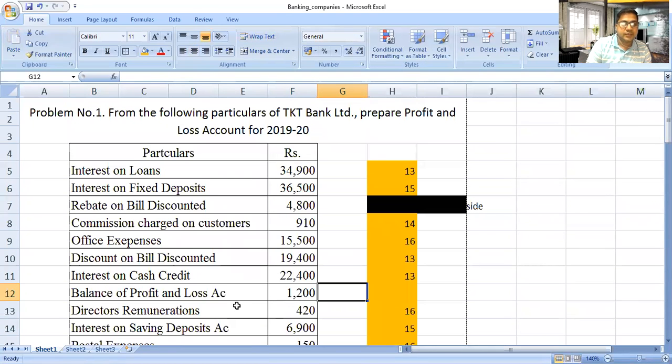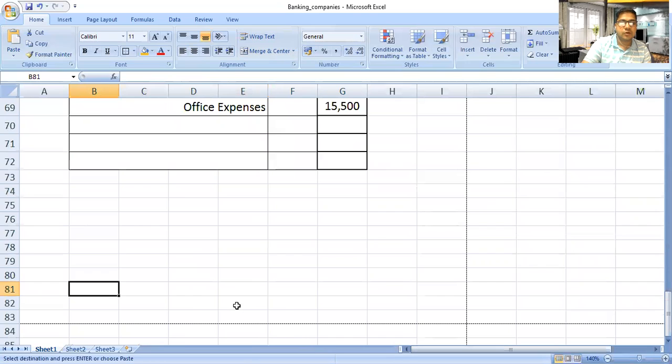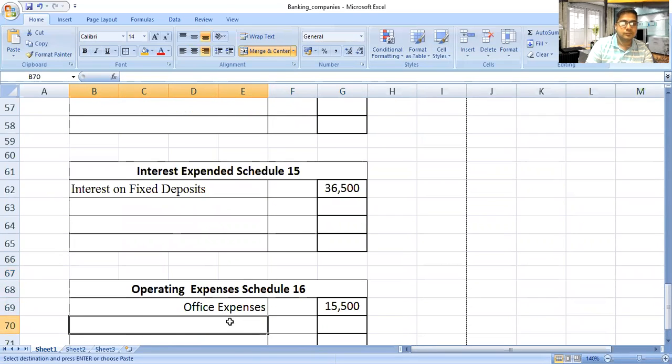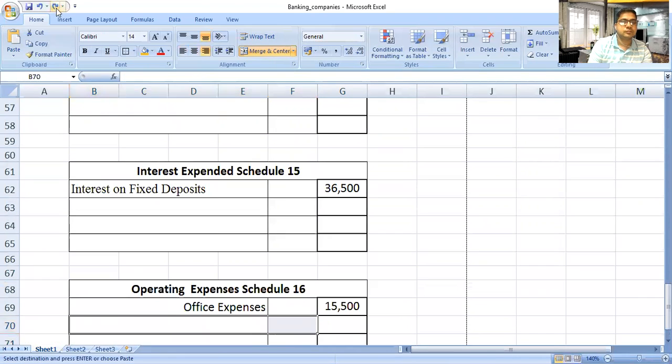Then directors remuneration. Directors remuneration is an operating expense, that we have to keep here, 420 amount. Schedule number 16.